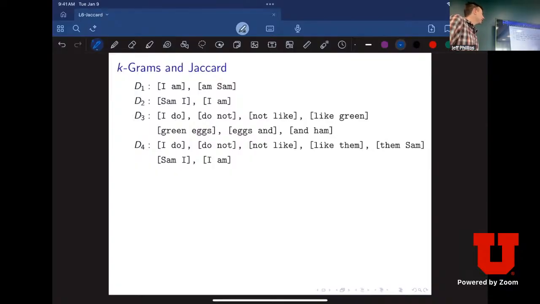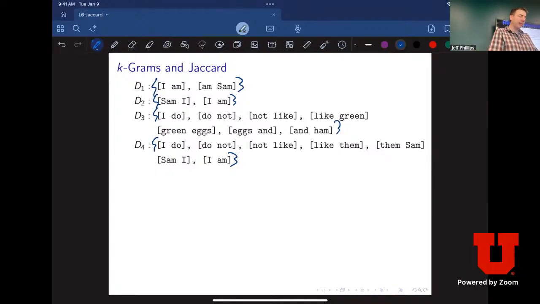These are the resulting shingles, or 2-grams, for these four documents. They're each represented now as a set, the set of these k-grams. I've converted the data into this representation.